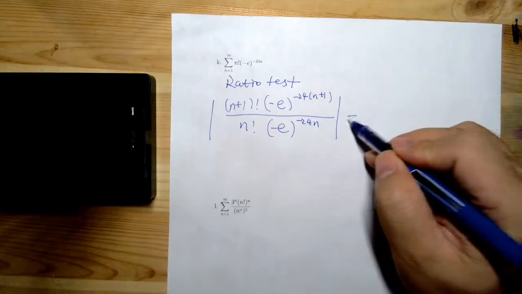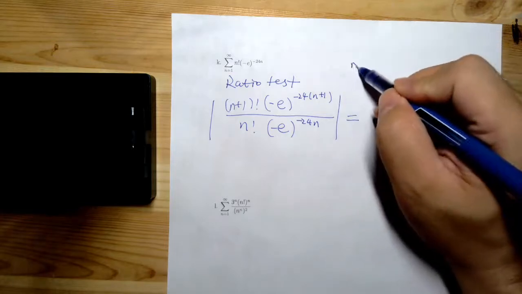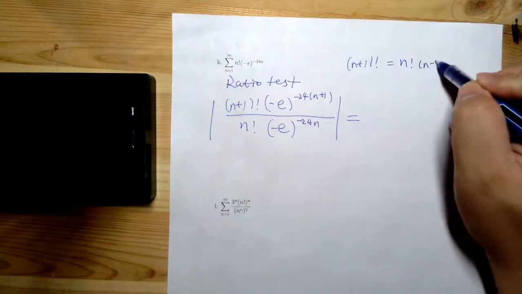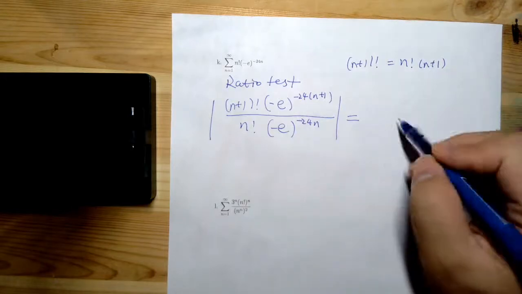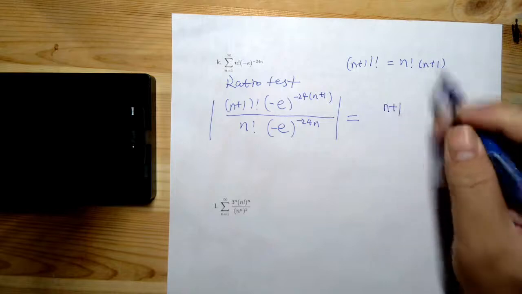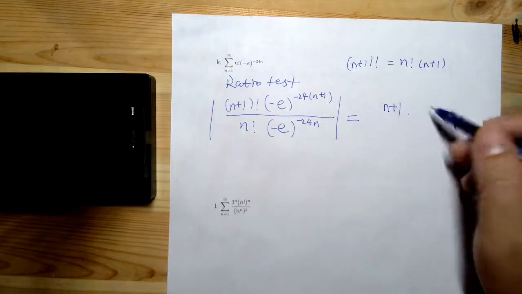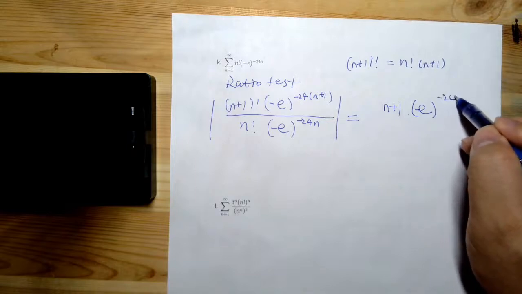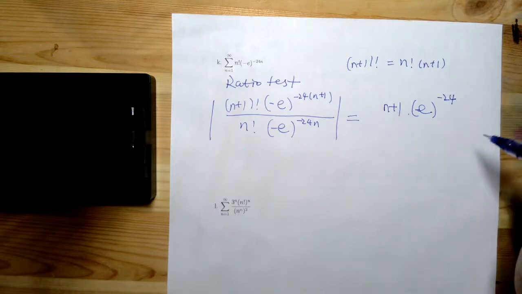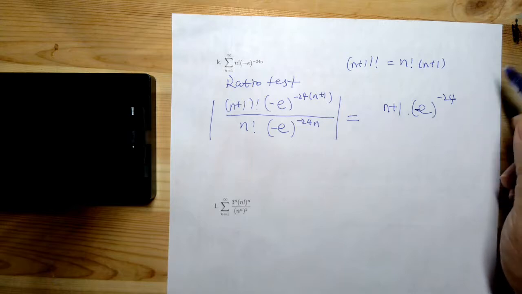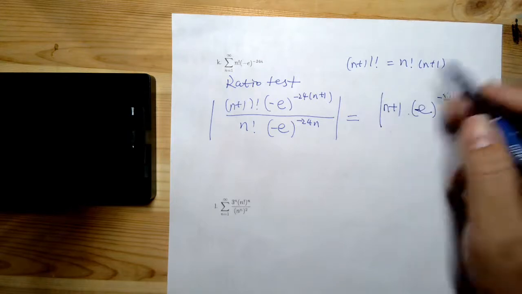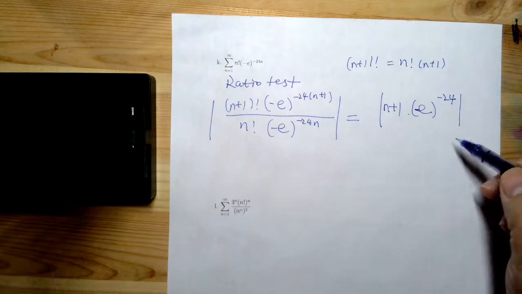So (n+1) factorial equals n factorial times (n+1). After simplification, I have (n+1) times (-e^(-24)).